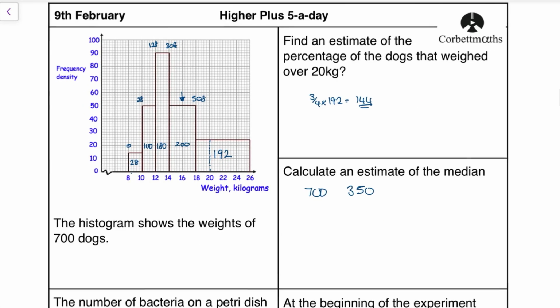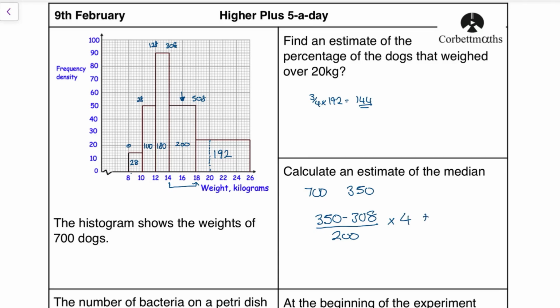Now, you may have seen me do this calculation before in earlier days. I need to go from 350, where I'm starting from 308. So in other words, I need to go 42 across. The overall width, as in the frequency of that bar, is 200. So I need to go 42 over 200. And then I need to multiply that by the change in the bar. So the bar goes from 14 to 18, so in other words, the bar goes up 4.